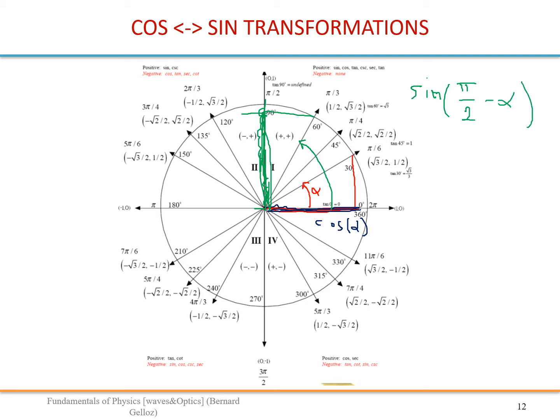Okay, so you have cos alpha equal to sine of pi over 2 minus alpha. So you can play with this unit circle when you want to change a cosine to a sine.